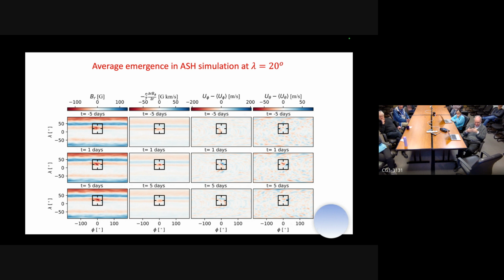And then I average them in such a way as to account for the cyclic variability of this dynamo. And this is what the BR looks like when I do this. The crosshairs show the location where I've looked for the emergence. I've looked at a particular latitude and created the average emergence by taking all the emergences at that latitude and shifting them so that they are all at zero longitude.